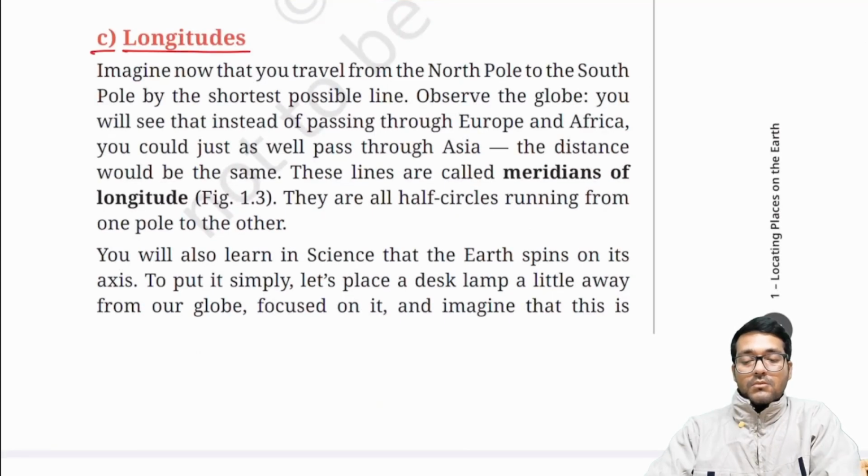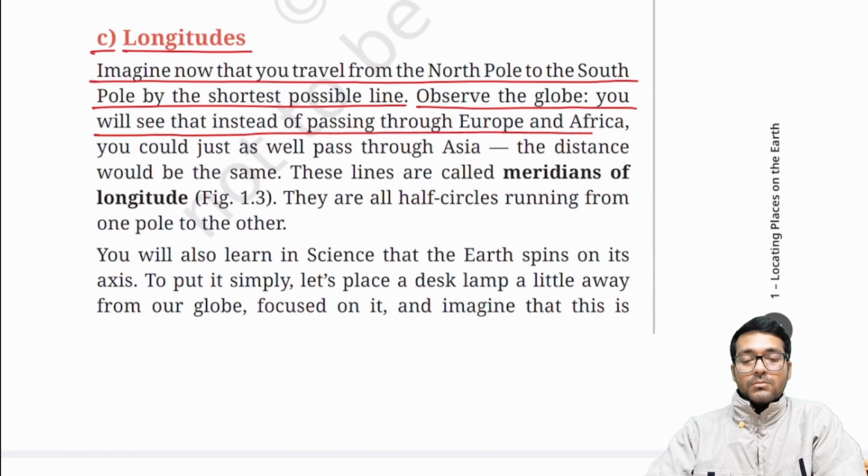See longitudes. Imagine now that you travel from the North Pole to the South Pole by the shortest possible line. Observe the globe. You will see that instead of passing through Europe and Africa, you could just as well pass through Asia. The distance would be the same. These lines are called meridians of longitude.